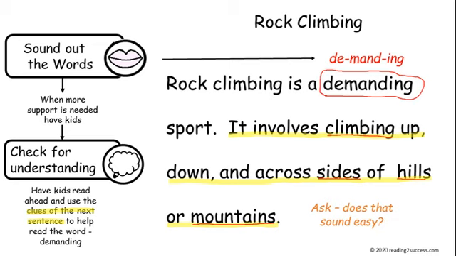Hopefully they say no. Ask, what is another word that would describe something that is not easy? Difficult? Let's go back up to the word and try to sound it out again. If this is difficult, then sound it out with the child and together read the word.